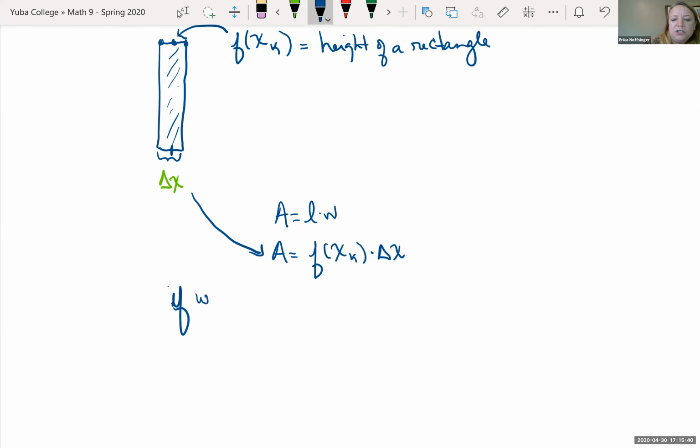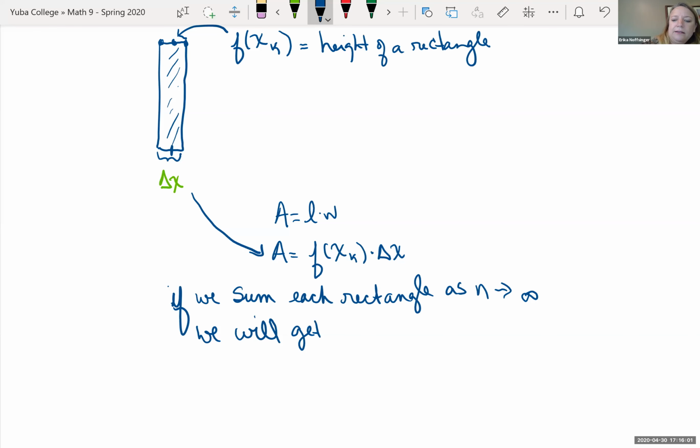If we sum each rectangle as n goes to infinity, we will get the exact area under the curve f of x.